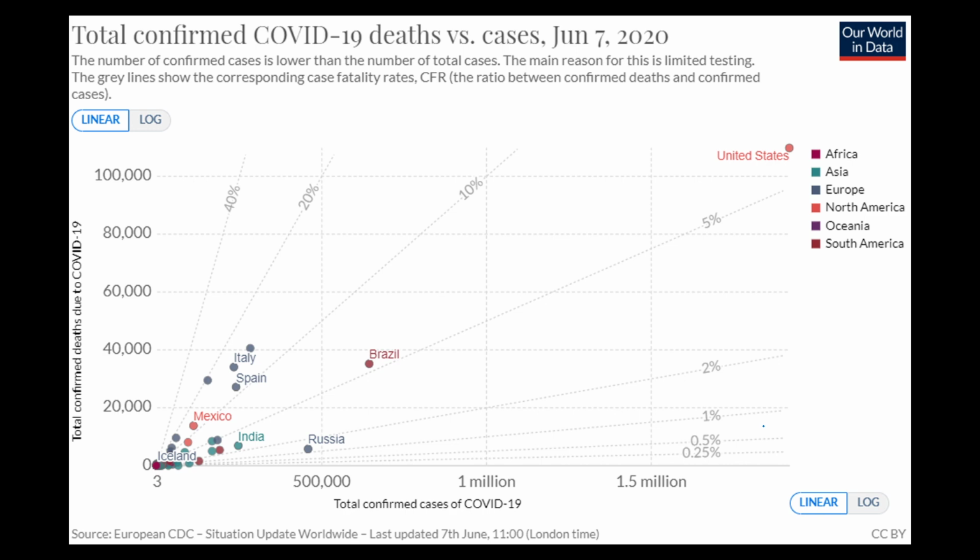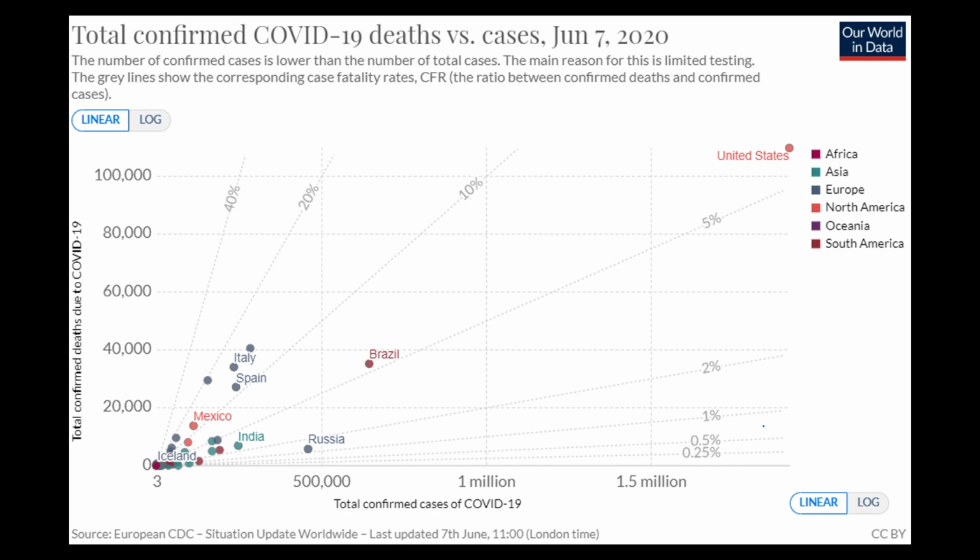Right now, this is the total confirmed COVID-19 deaths versus cases as of the day that I'm recording this. This is if the scales on the X and Y axes are linear. And so I'm seeing a positive association here.